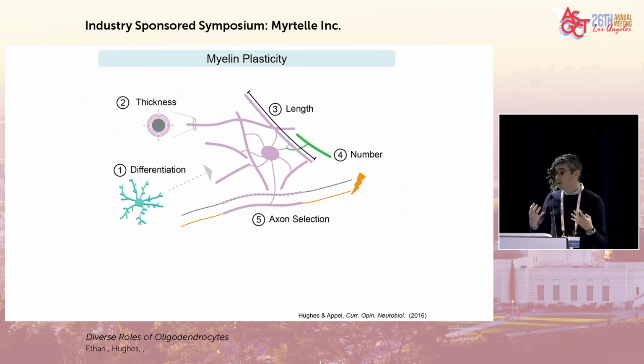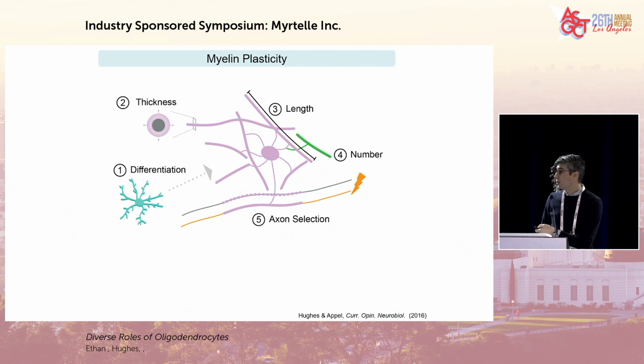Now, the focus of the talk today is really around this new concept of myelin plasticity, which may be an important role that the brain uses to modify brain circuits, as well as learn new tasks. And there are several different aspects of oligodendrocyte lineage cells that can be modified by neuronal activity. First, the differentiation of these precursor cells.